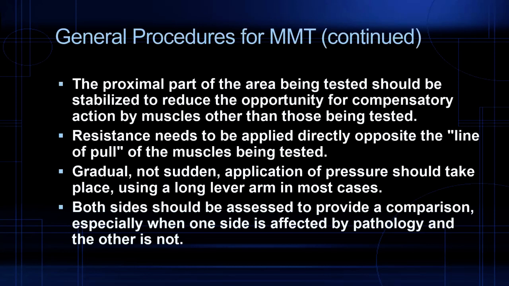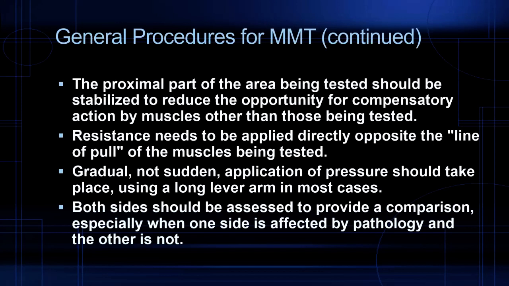Okay, and you put a very gradual application of pressure with a buildup. I think in your notes I've listed like 3 to 5 seconds, and you want to use a long lever arm in most cases. All right, so if you're testing a 2 joint muscle, you'll test over both the joints. Okay, if you're testing a 1 joint muscle, you're obviously going to test over just the 1 joint.